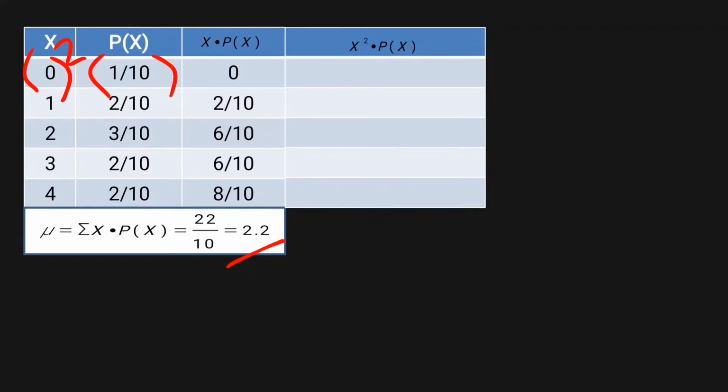0 squared times 1 over 10. Okay, so 0 times 0 is 0 times 1 over 10, so 0 pa rin siya. Okay, next. So 1 squared times 2 over 10, so that's equal to, yan, 1 squared is 1 pa rin, times 2 over 10, 2 over 10 pa rin siya.